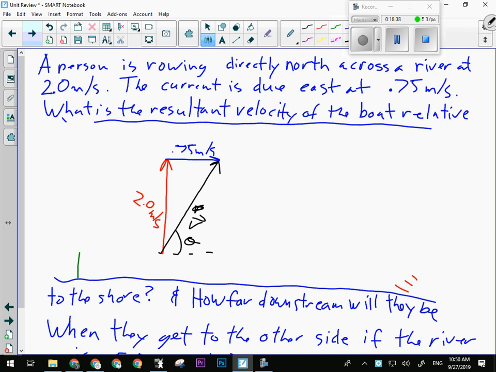All right, so to simplify my life a little bit, I'm just going to redraw my triangle. This triangle has the same values. It just gets me the angle directly without me having to go 90 minus later. So to do the hypotenuse, 2 squared plus 0.75 squared.